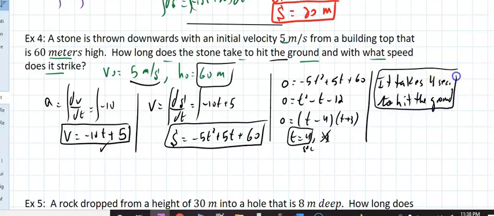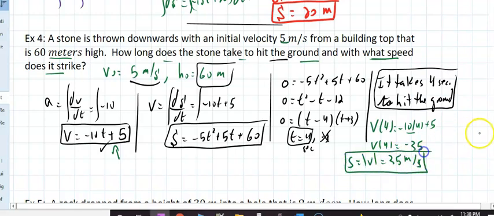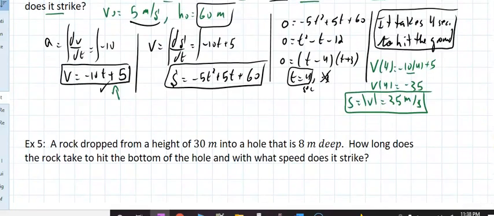That's the first answer. And when it says with what speed, the velocity at 4, and that's that equation, is negative 10 times 4 plus 5. The velocity at 4 is negative 40 plus 5, negative 35, and speed is the absolute value of velocity, so that's 35 meters per second. That's how fast it would hit the ground.